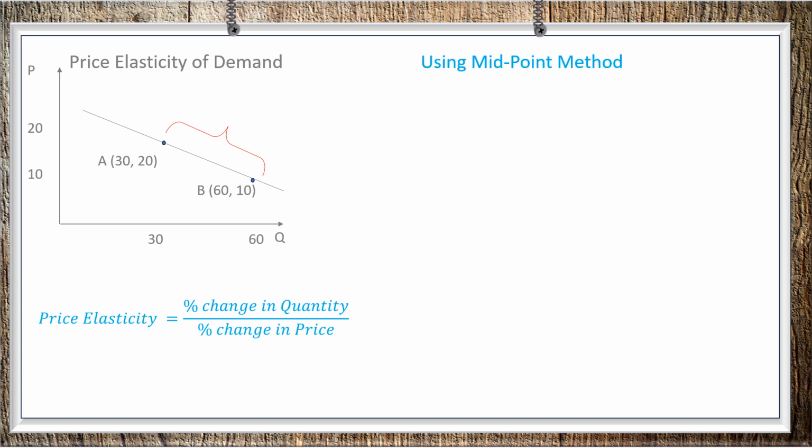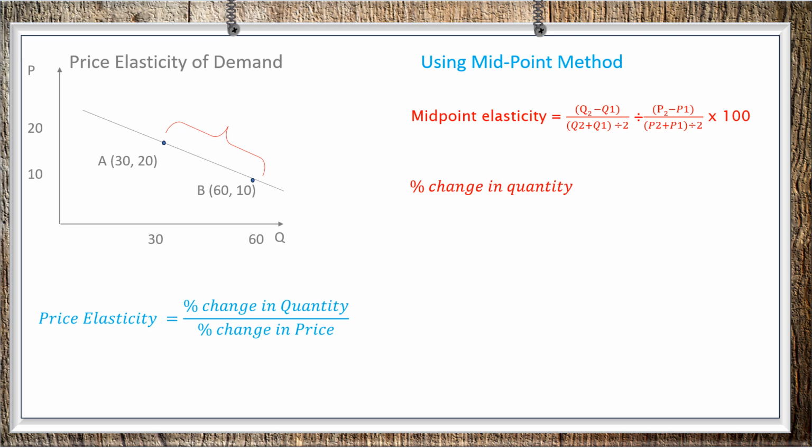Therefore, using the midpoint method, our formula for midpoint elasticity, we get the new quantity, subtract the initial quantity, and divide by the average of the two quantities, and the same with the price, you multiply by 100. By using the figures on our graph, we get a percentage change in quantity of 67%.